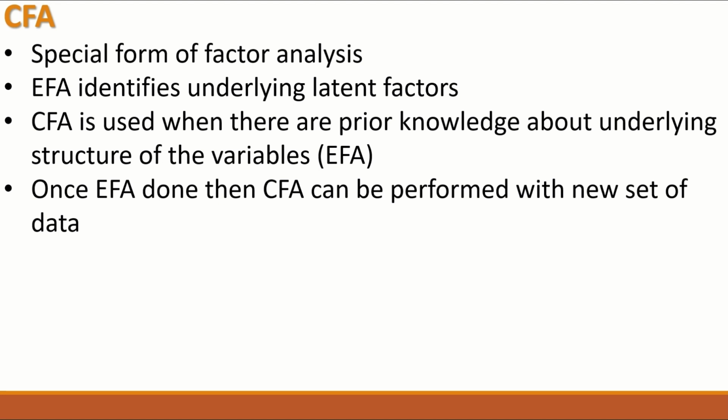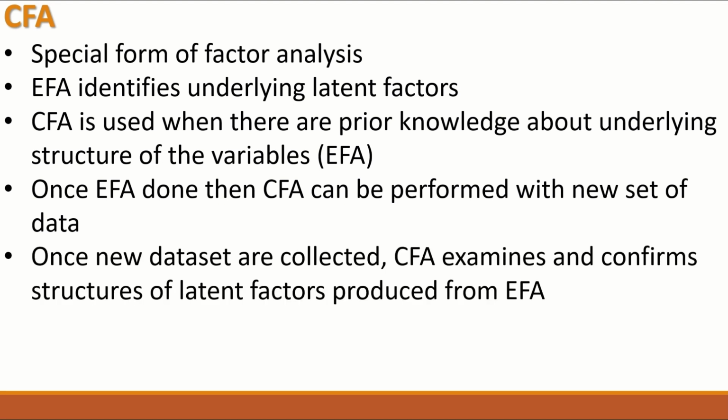Once EFA is done, the CFA can be performed with a new set of data. Once this new set of data is collected, the confirmatory factor analysis will examine and confirm the structure or structures of latent factors produced from the EFA.